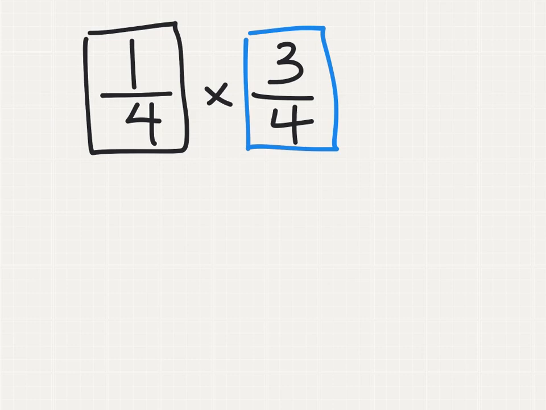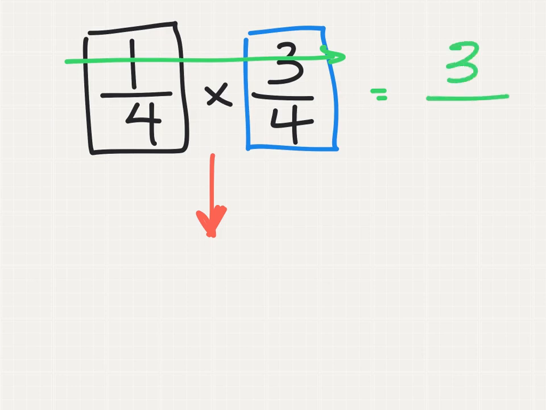So if 3/4 is less than 1 whole, we should be expecting my original quantity to decrease. So let's see what happens. We multiply across the numerators and then across the denominators. We get a product of 3/16.